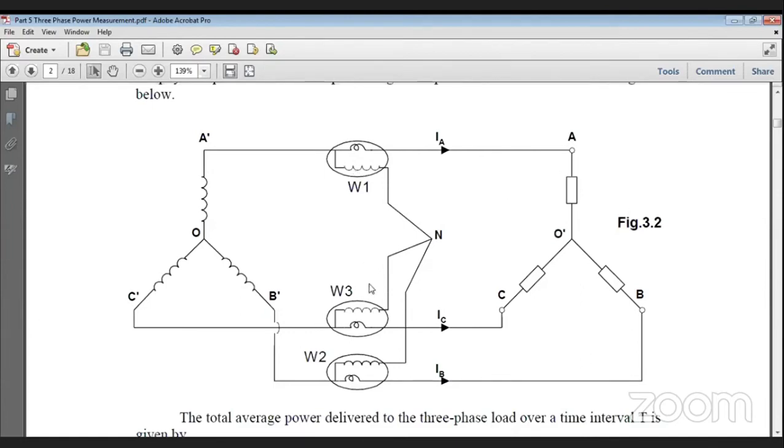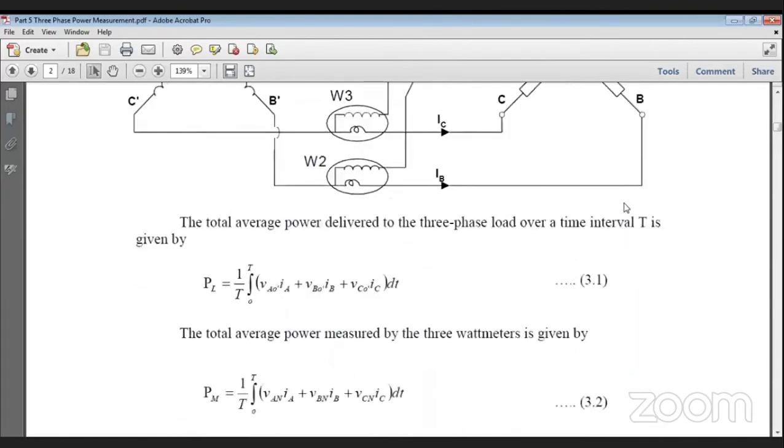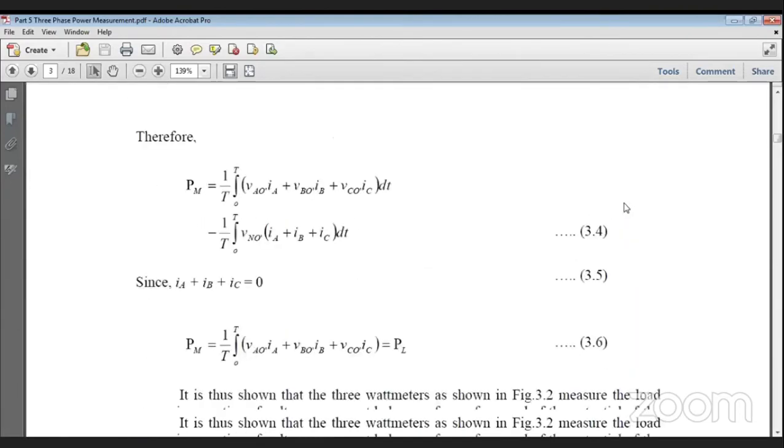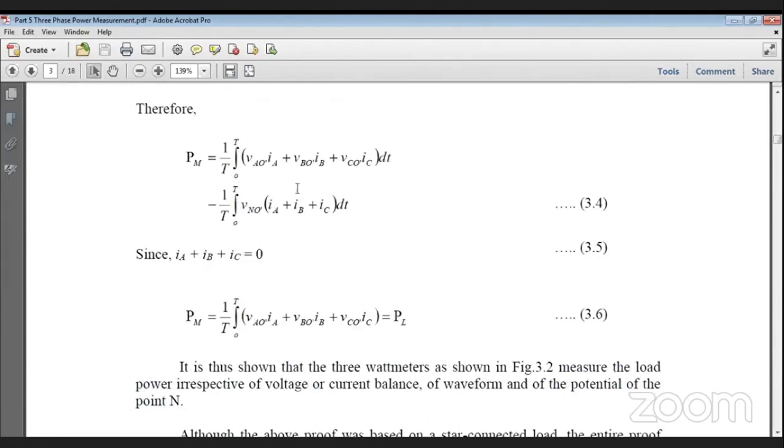But then there is a catch here: it is not valid everywhere. If somebody asks where this connection fails, your answer will be that when IA plus IB plus IC is equal to 0 is not valid, which indirectly means it doesn't work for 4-wire star.